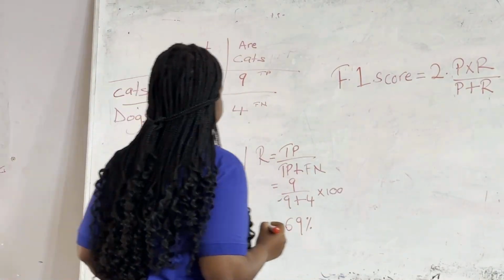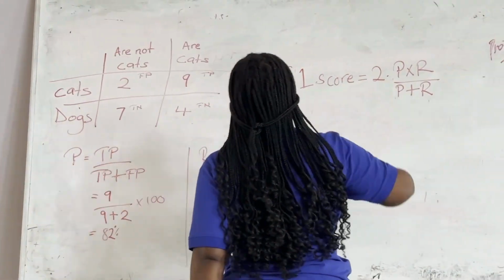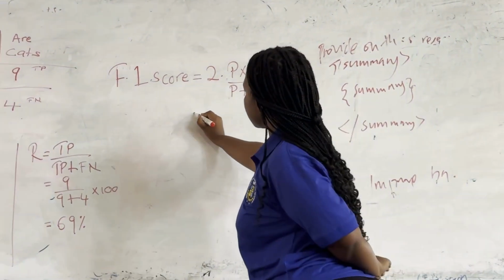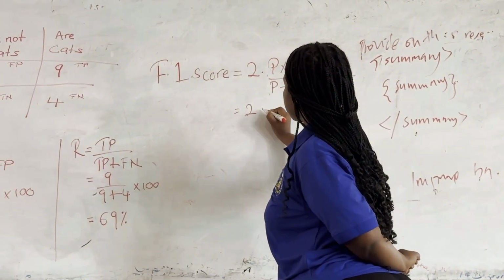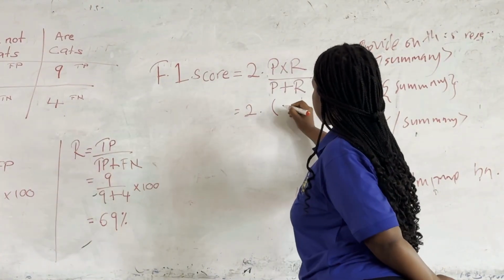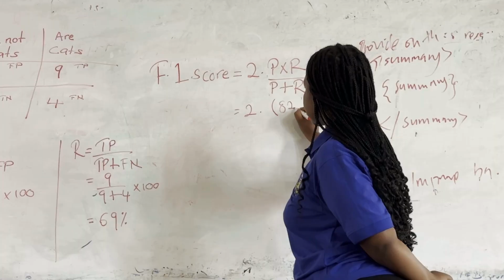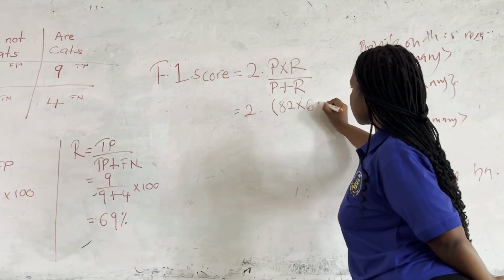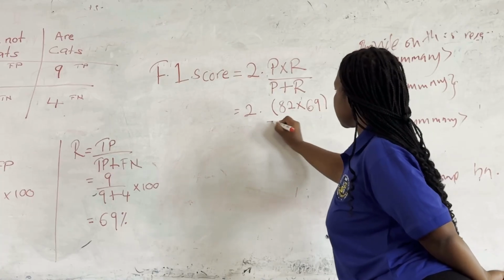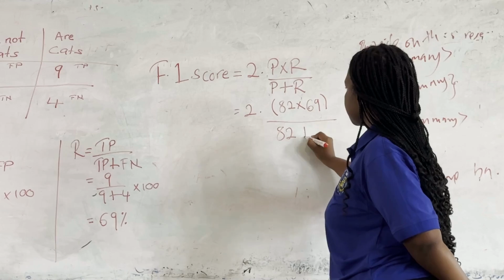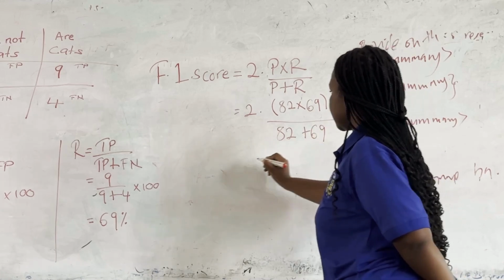So this is our F1 score: 2 times our precision, which is 82%, times recall, which is 69%, out of 82 plus 69.